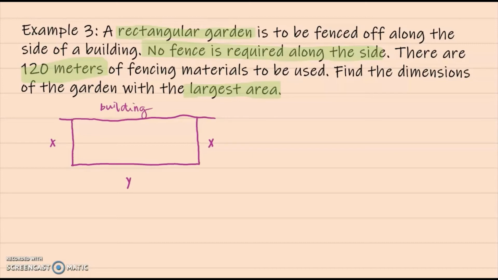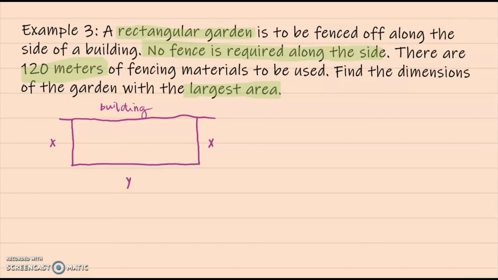Now you may pause this video and try to solve this on your own and check if we were able to get the same answer. Okay, now let's continue. As stated a while ago, we will make use of two formulas for this problem, the perimeter and the area.